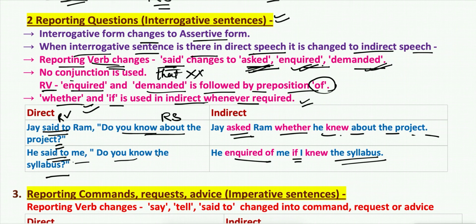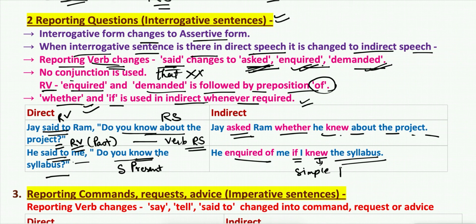As we know, we can remember the rules again. Here, the reporting verb is said to, which is in past. So, the verb of the reported speech will change. Here, the verb is know, so it is in simple present, and it will change to simple past, knew.